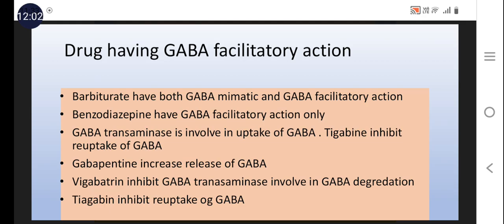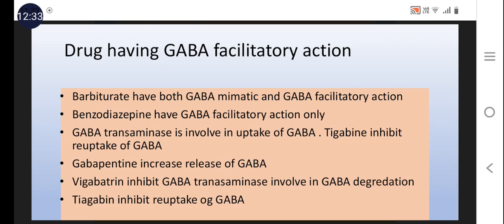Barbiturates have a GABA mimetic action as well as GABA facilitatory action. And on the other hand, benzodiazepine acts on the alpha gamma interface, and benzodiazepine class drugs have only GABA facilitatory action. Means they can only facilitate the entry of GABA. But barbiturate in higher concentration can itself bind to the GABA receptors.